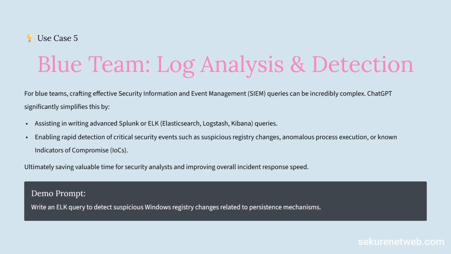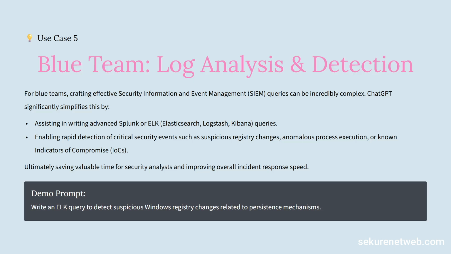ChatGPT can assist by helping to craft those queries, allowing us to focus on analyzing results rather than struggling to write the perfect query. This saves time and helps ensure that we are catching the indicators of compromise as early as possible.